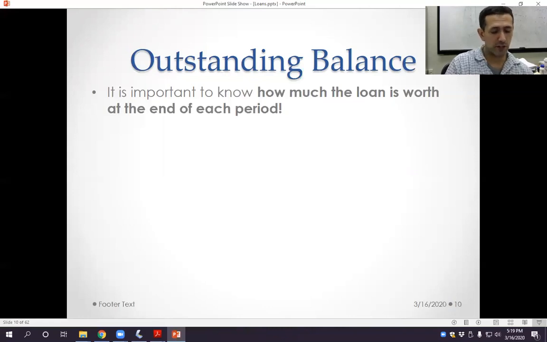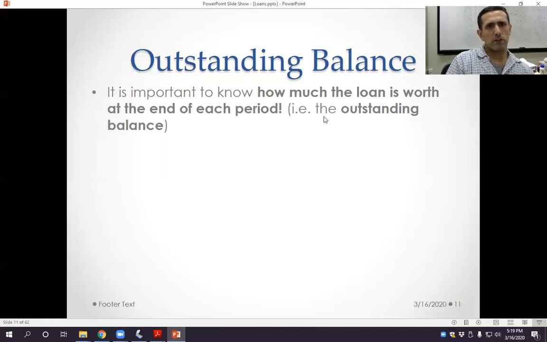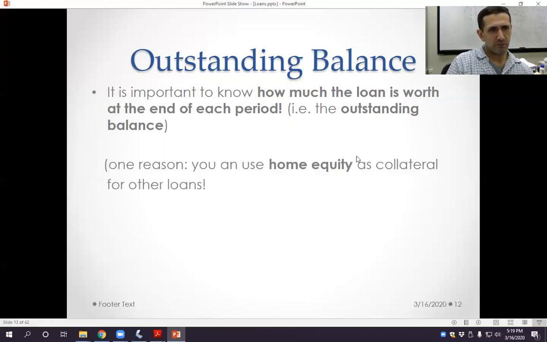Like if you take out a 30-year loan and you get a raise 10 years in, you might want to just pay off the loan at the end of the 20 years with your savings. How much do you have to pay? This is called the outstanding balance.